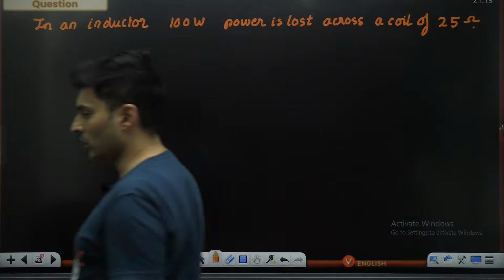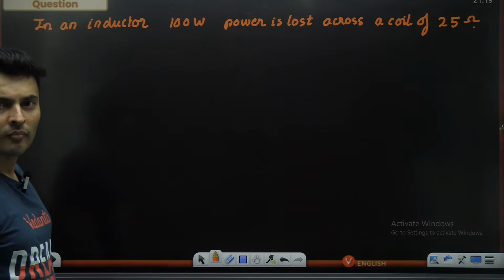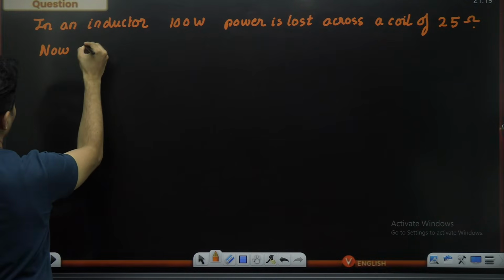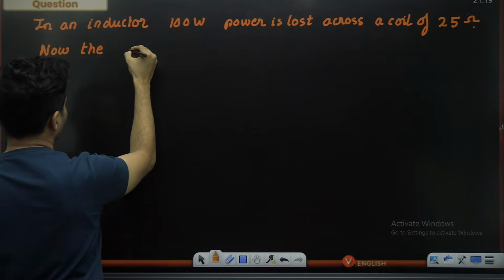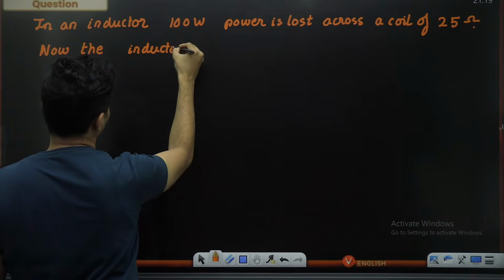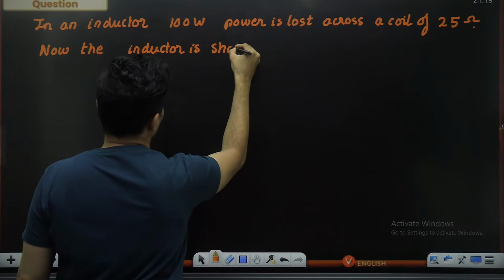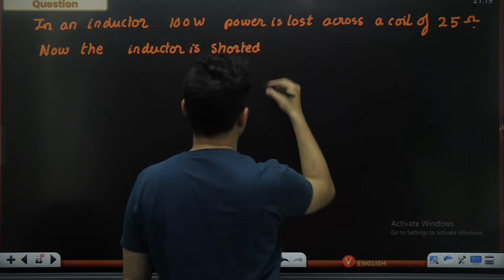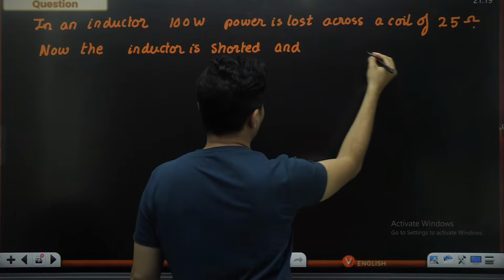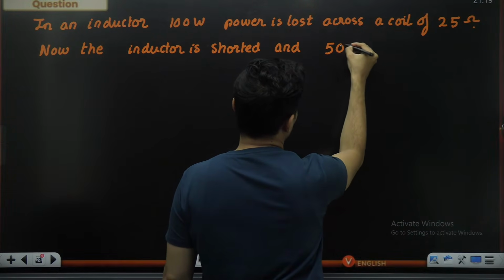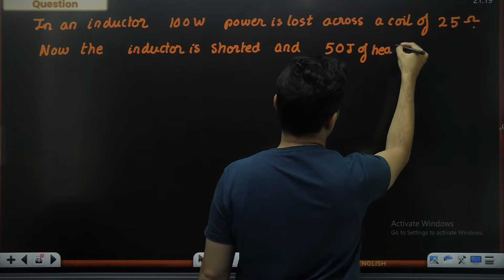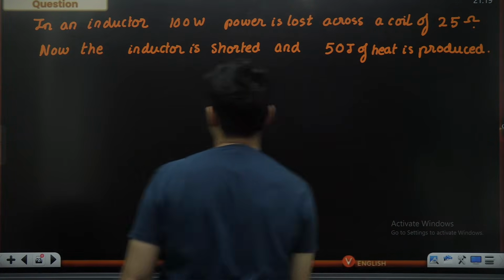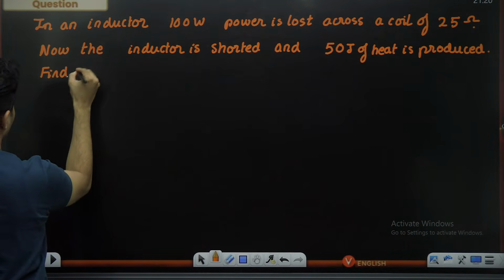Now what you do is, now the inductor is shorted. Now the inductor is shorted and 50 joules of heat is produced. Question is, find the inductance.